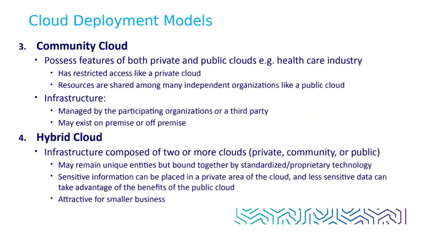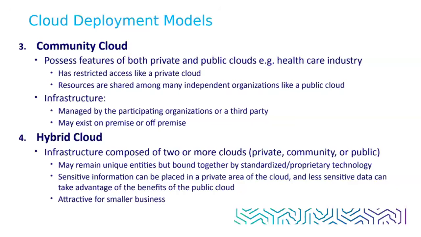Here we have two more deployment models: the community cloud and the hybrid cloud. A community cloud combines the features of private and public cloud, providing restricted access, but also allowing multiple independent organizations having a common requirement to share the cloud resources.